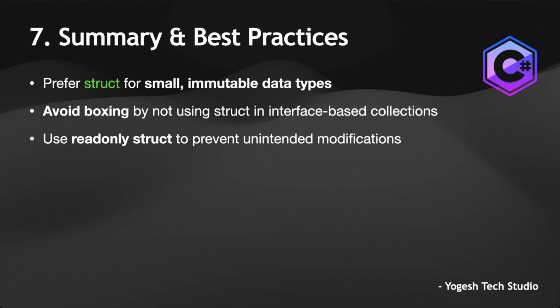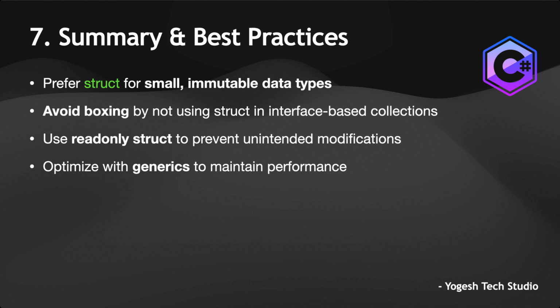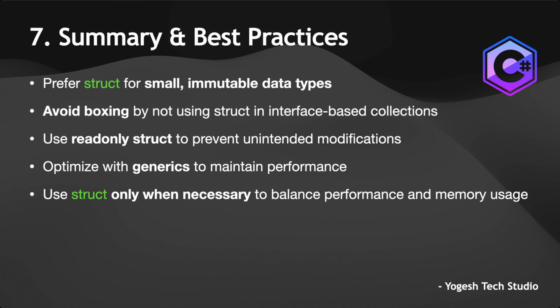Use readonly struct to prevent unintended modifications. Optimize with generics to maintain performance, as we saw in the last example, where we can optimize by passing the generic type when implementing the interface. Use struct only when necessary to balance performance and memory. As I told you, you should be the one deciding what we need to use and when.